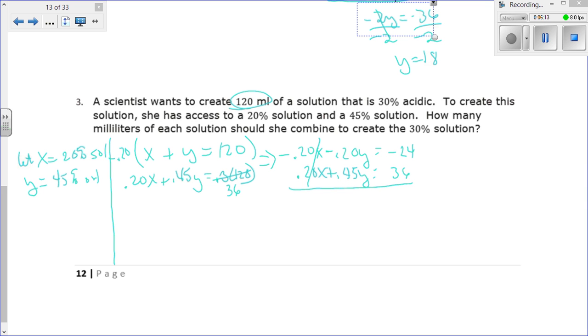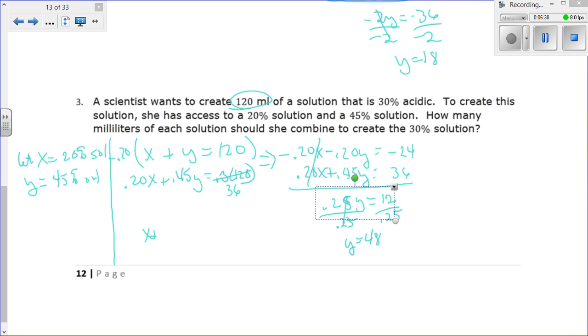The x's are going to cancel out, and I'm going to get 0.25y equals 12. Divide by 0.25. And y will be equal to 48. So then I'm going to go back over here to my original equation, x plus y equals 120.